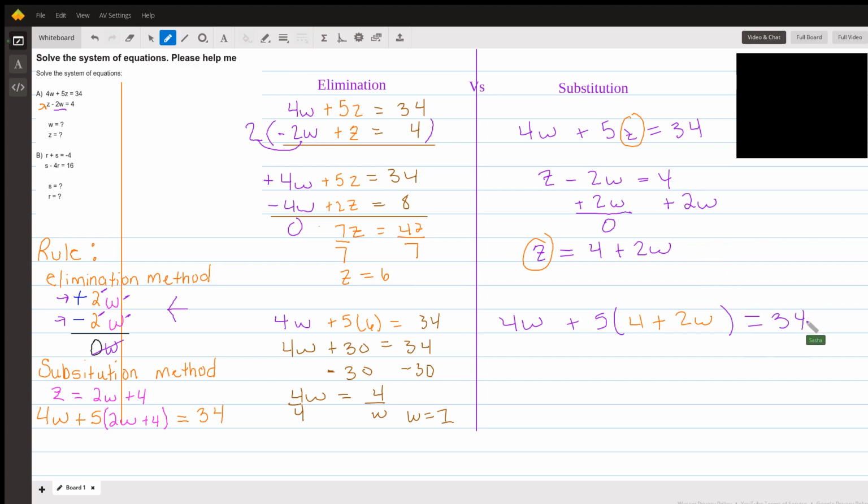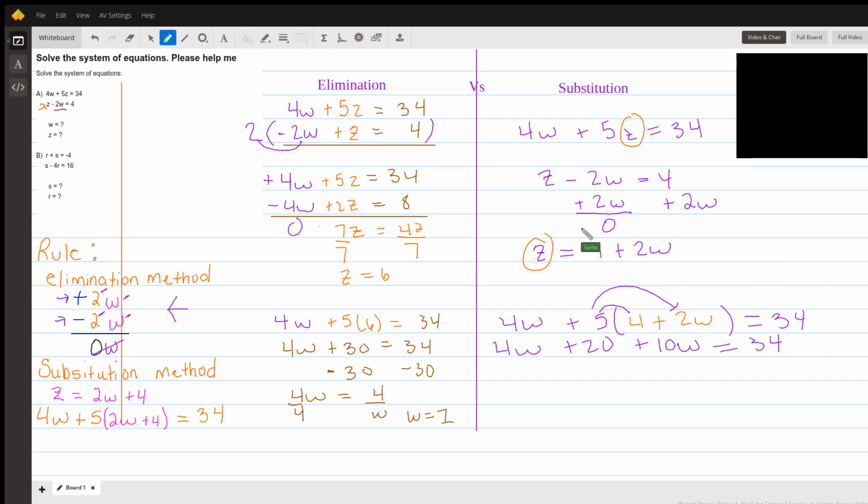And I'm just going to use some distribution here. So I have 4W. 5 times 4 is positive 20. Okay. 5 times 2, don't forget distributing to both terms, is going to be plus 10W is equal to 34. All right.